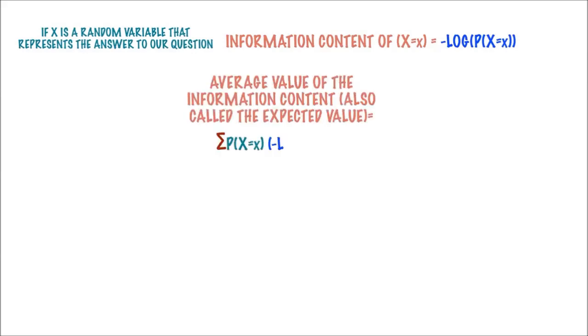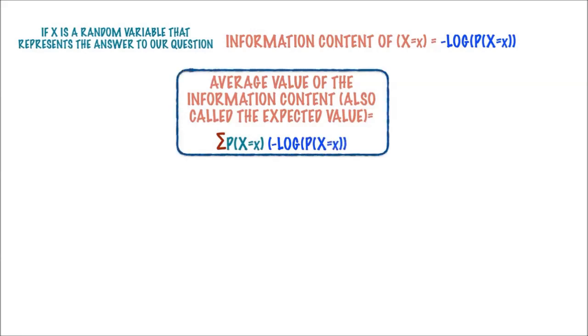Let's say you have a question which has a number of different possible answers. Each answer has some information which is given by minus log p of x. The average value of the information that you get with each answer, each possible answer, is the entropy. So the average value of the information content is given by this formula.